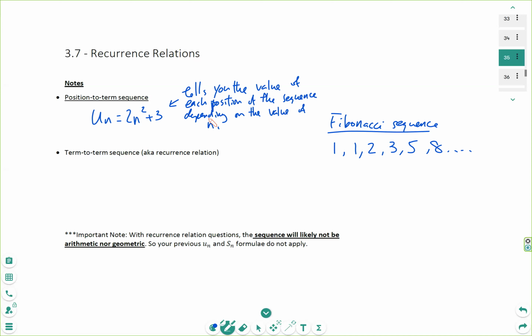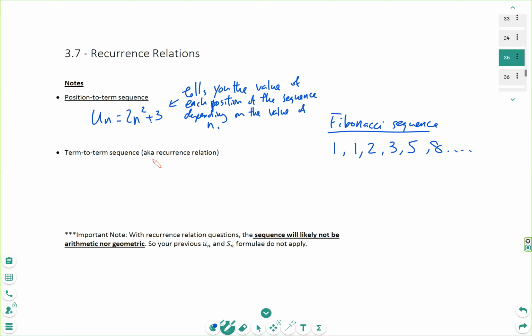So if you let n equals 1, you get the first term equals 5. If you put n equals 2, then the second term will be 8. Is it 8? No, 11, sorry, quick mental maths, 11. So what this position-to-term sequence tells you is that, depending on the value of n, it tells you the value of the position.